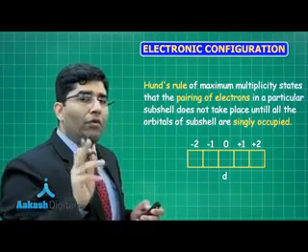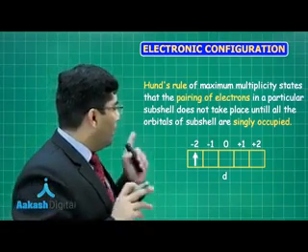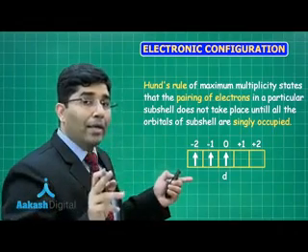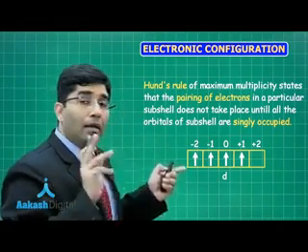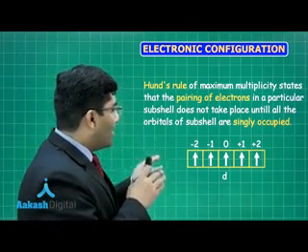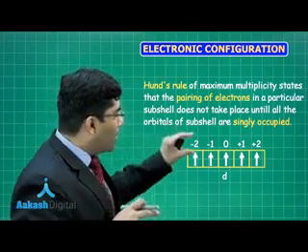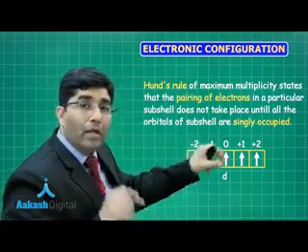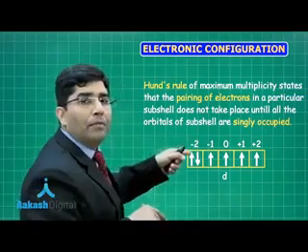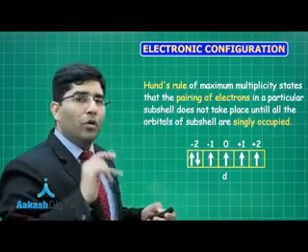But how will we fill? We will fill one electron, then another, then another. We can't do pairing here, right? Then another, then another. Now, in this case, all orbitals are singly occupied. Now the pairing will take place. Now the sixth electron will come here, right? So this is the rule.